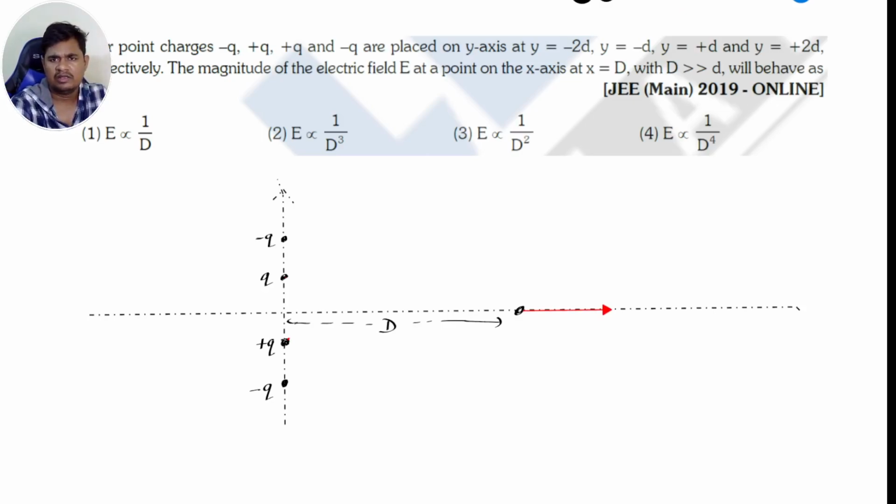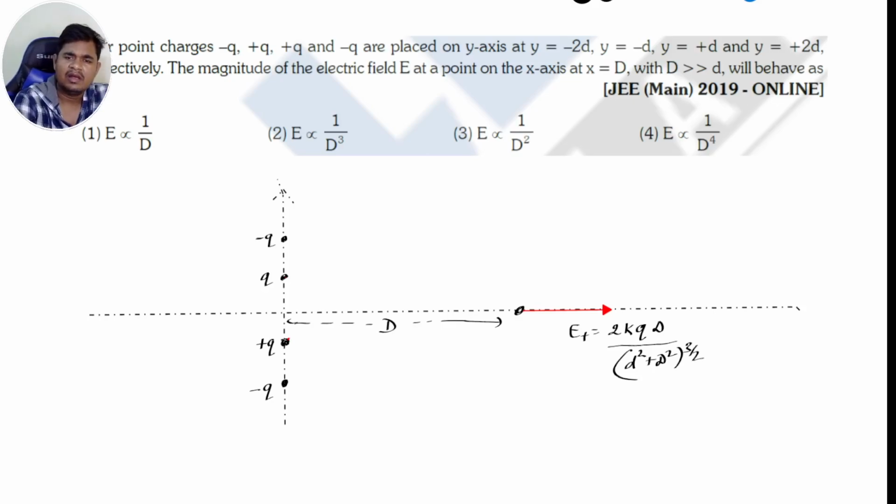So here the electric field due to the positive ones, E positive, is twice k q d divided by D square plus d square raised to the power 3 by 2.